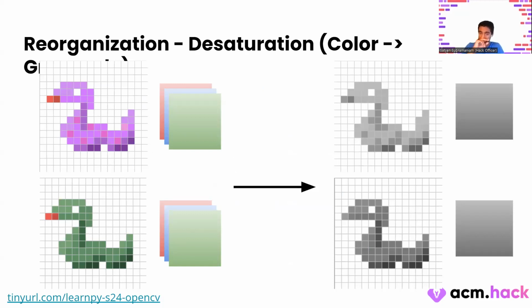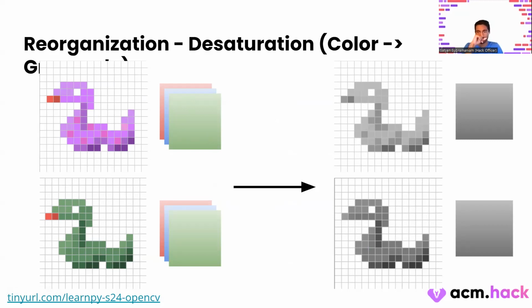The first transformation we'll probably want to do is desaturating both of the images. On the left, we can see both of the images are in color, so they have those three arrays. We want to desaturate them, which basically means transforming them from a color image to a grayscale image.